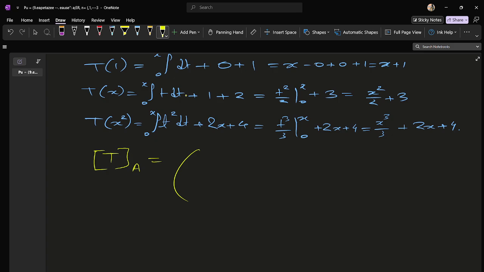So the matrix will be 1, 3, 4. Then the x terms, there we will get 1, 0 and 2. Then we have to find the x square terms, so this is 0, half, 0, and last is for the x cube. So we got this thing.